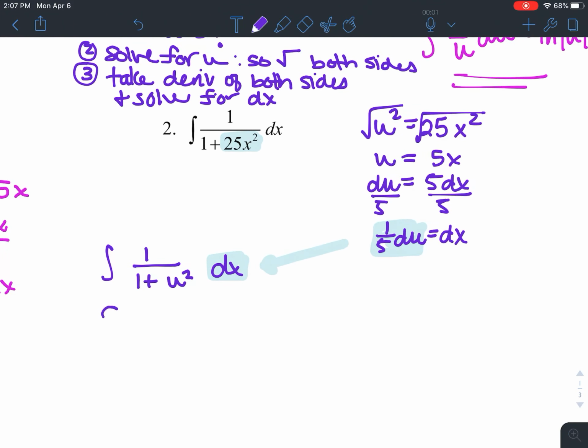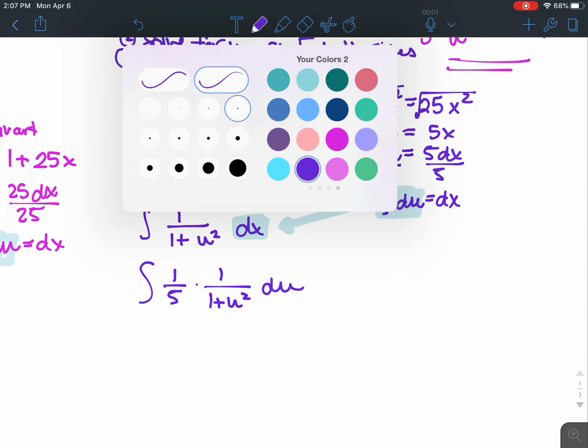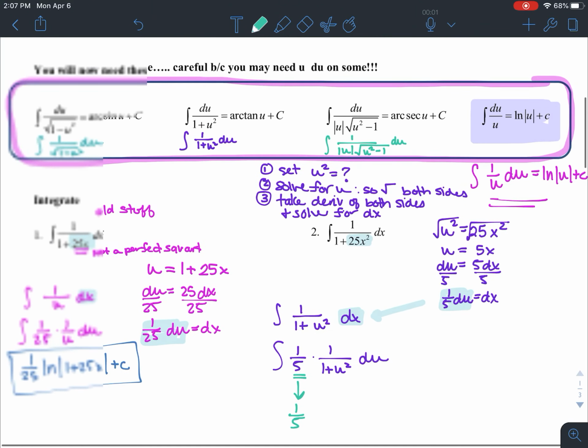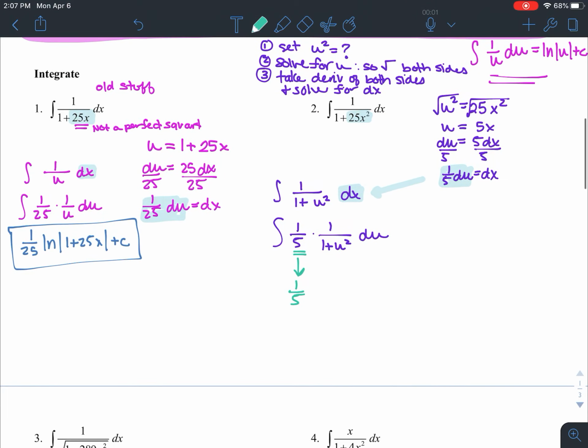Now let's sub in for my dx. So now I've got the antiderivative. I'm going to put that 1/5 in front of 1 over 1 plus u squared du. Perfect. Now we can look at this and say, okay, well, the 1/5 stays 1/5. Now look above. 1 over 1 plus u squared du, well, that is this one right here. That is our arctan with no square roots.